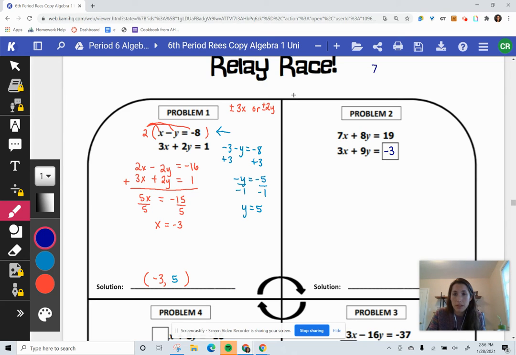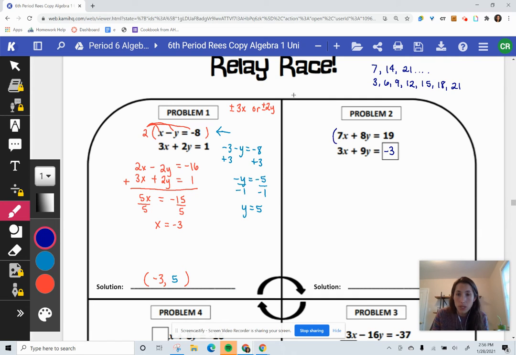Multiples of 7 would be like 7, 14, 21, etc. Multiples of 3 would be like 3, 6, 9, 12, 15, 18, 21. So I basically have to multiply these numbers by each other for them to be the same number, 21. That's the smallest number I can make them.